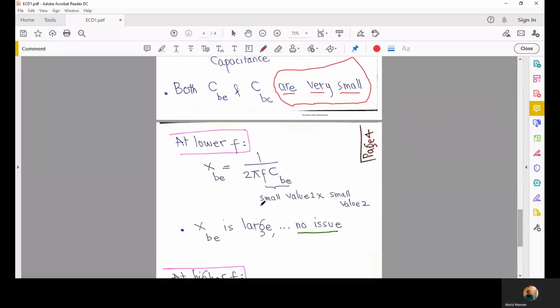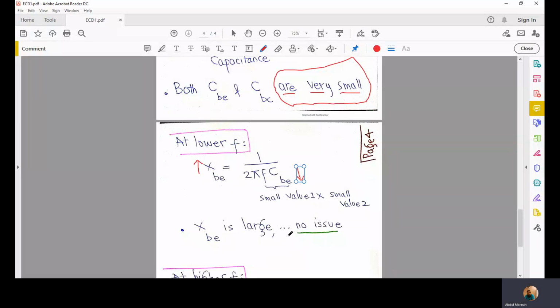This means that we must see what happens at lower frequencies. F is small, CBE is also small. So we have one small value multiplied by another small value, which gives us, of course, a small value. And that small value, once in the denominator, gives XBE, of course, a larger value.